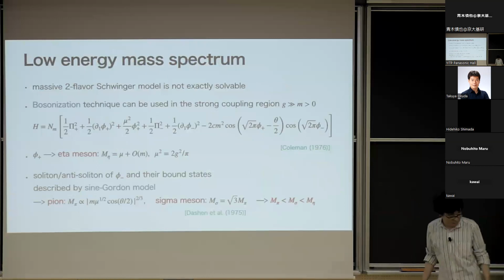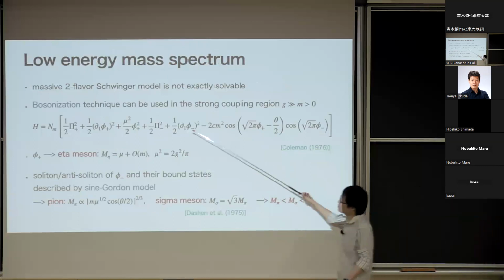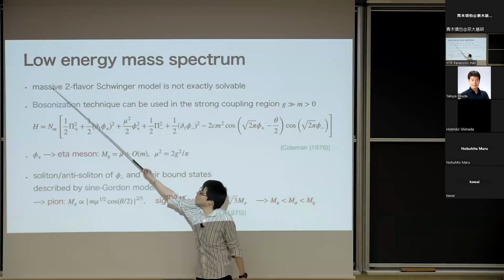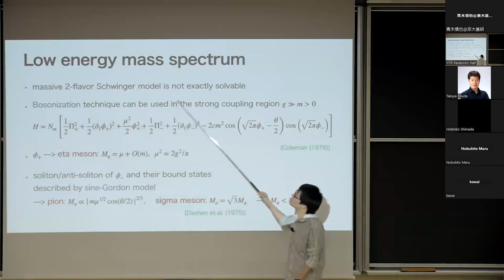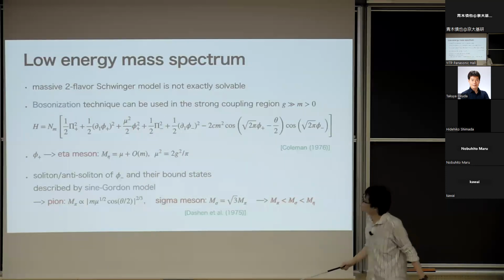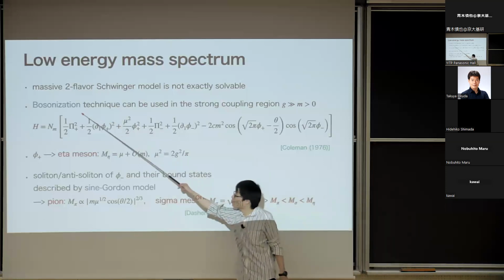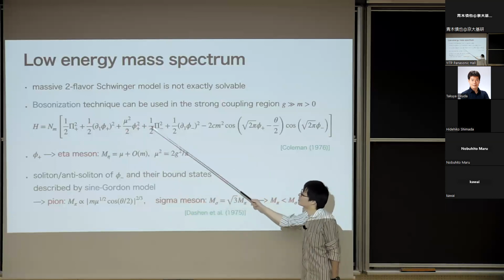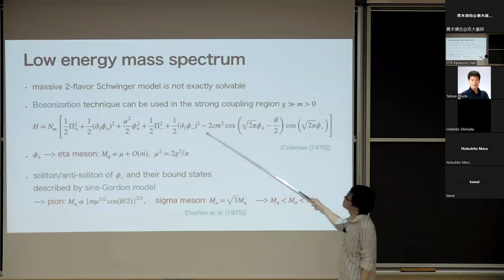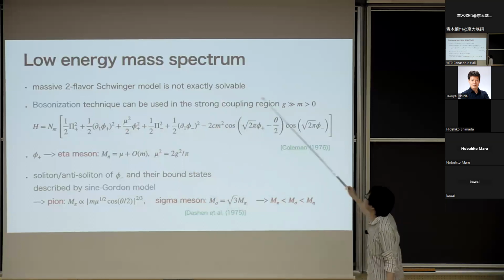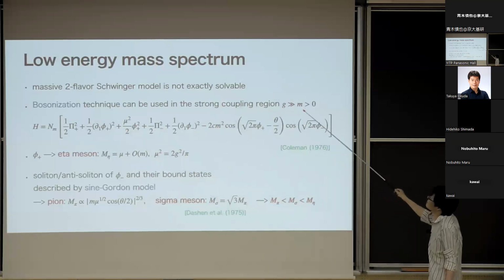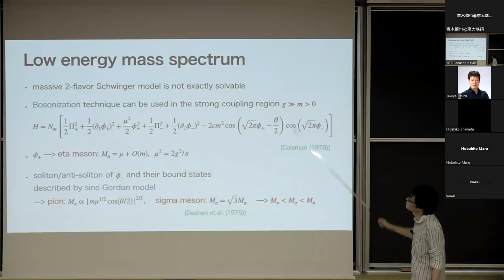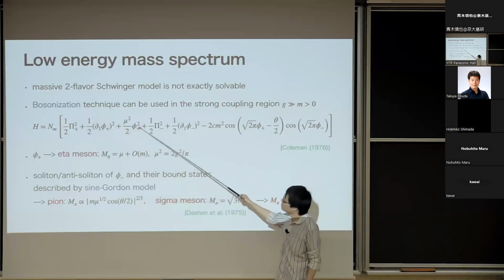And if the model is massive, I mean if m is non-zero, this model cannot be solved exactly. But the bosonization technique is available. This technique means the fermionic system can be mapped to a bosonic system, and we consider the strong coupling region, so g is much larger than m, but m is non-zero. The corresponding bosonized Hamiltonian is given by this.